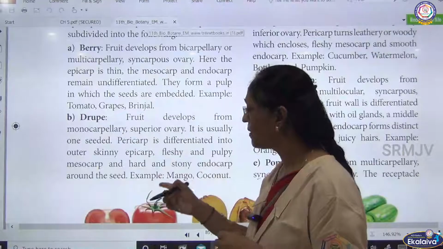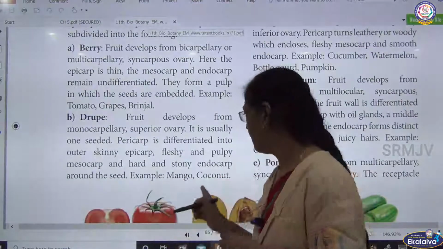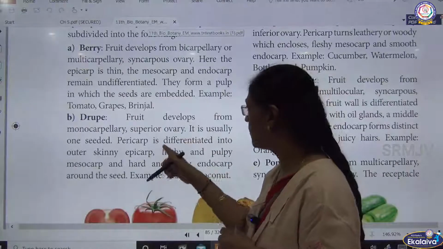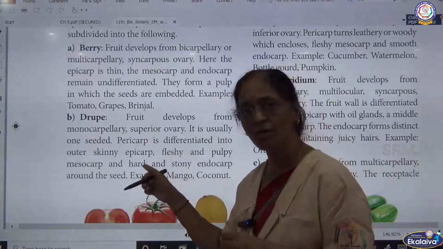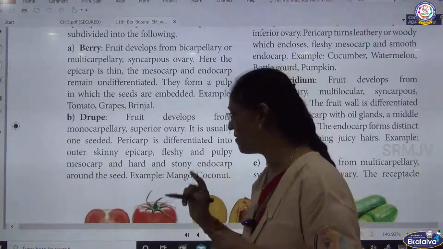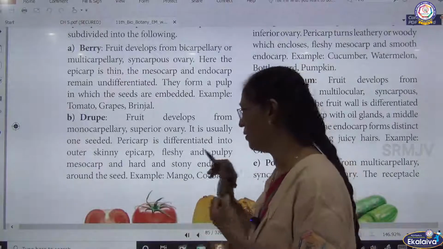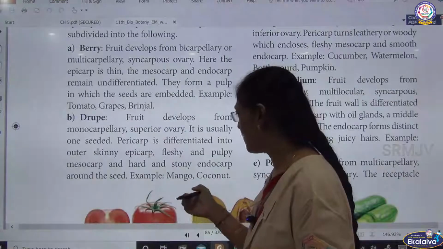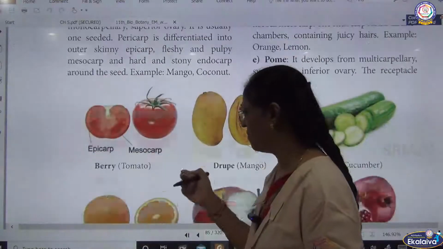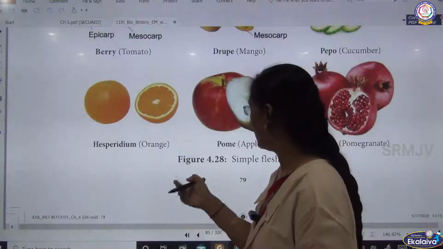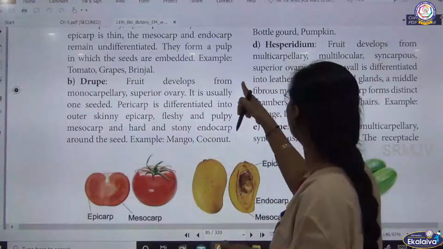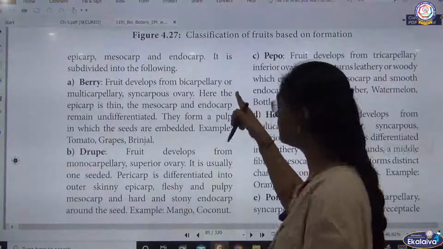Drupe, this you can see in mango. Here you will find that the pericarp is differentiated into an outer skinny epicarp, fleshy and pulpy mesocarp, and inside you will find a hard and stony endocarp. So this we can see in drupe, example mango. Then the next one is what we call pepo.